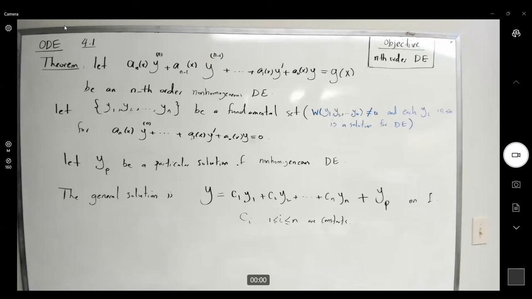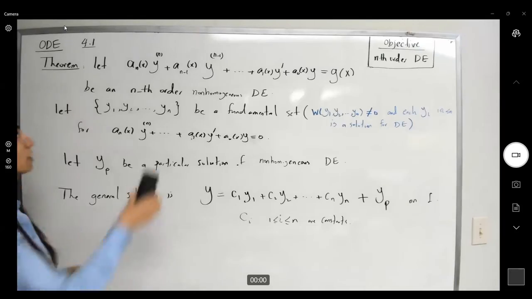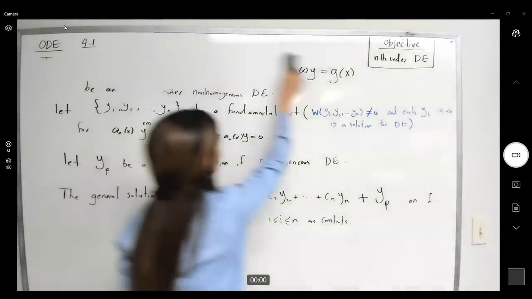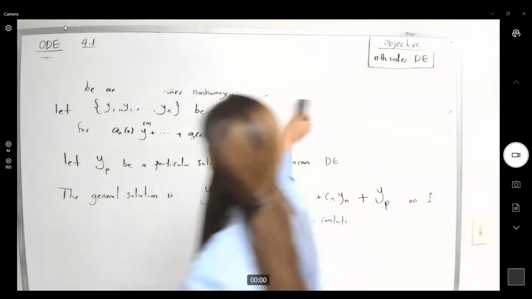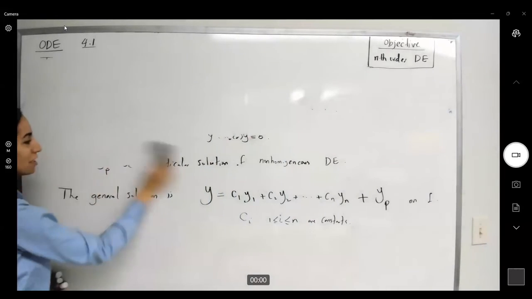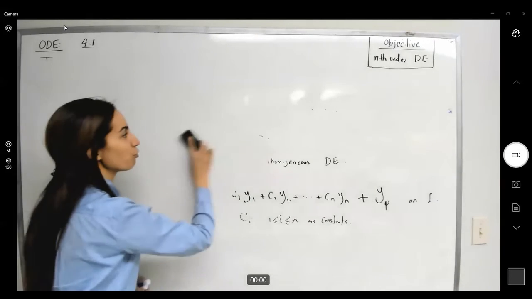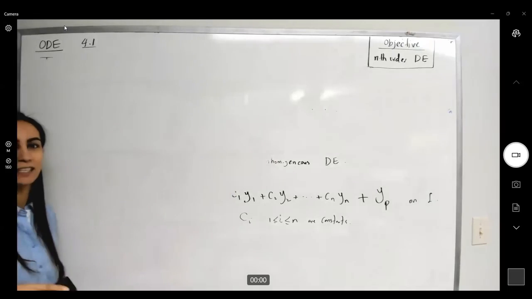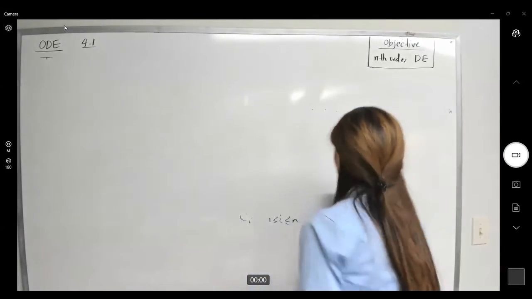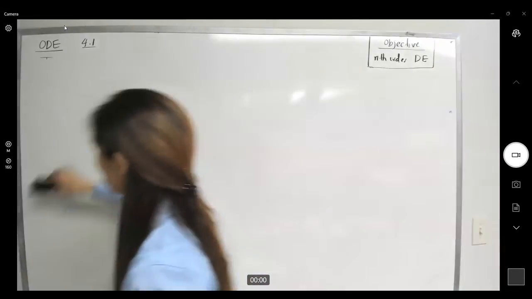Very good. So let's go over one example to feel more comfortable about this theorem. I'm going to go back to my previous differential equation, which was homogeneous, and make it non-homogeneous. Take a look at this example.